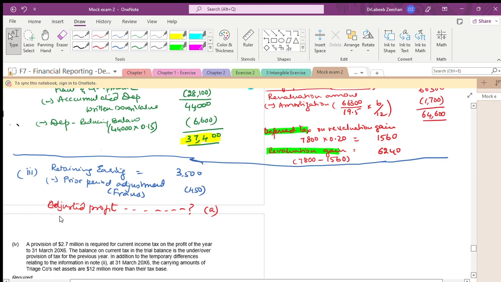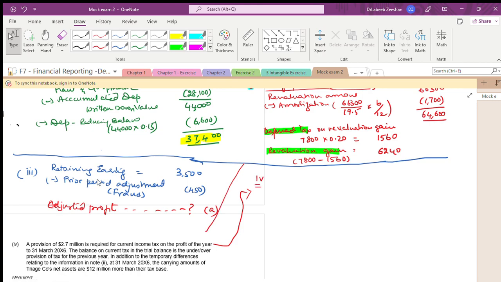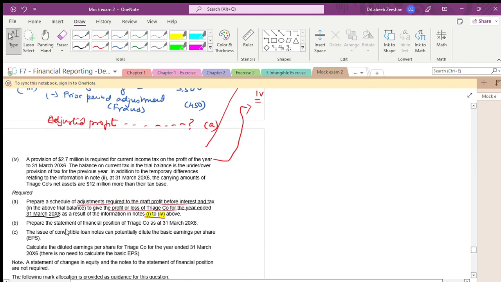The next one is deferred tax, point number 4. A provision of 2.7 million is required for the current year. How much they need? 2.7 million for the current income tax on the profit for the year to 31st March.